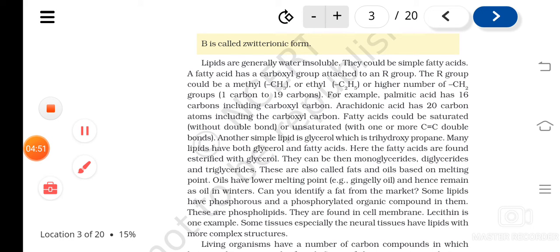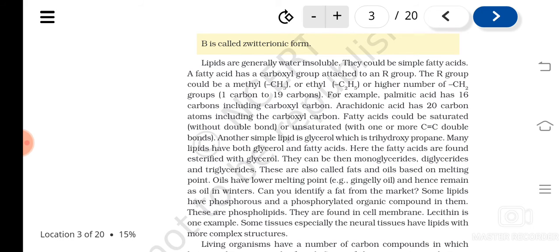Understood? So the example I told is palmitic acid. How many carbons? 16 carbons including the carboxyl carbon. Then arachidonic acid has 20 carbon atoms, including the carboxyl carbon. Now fatty acids can be saturated.